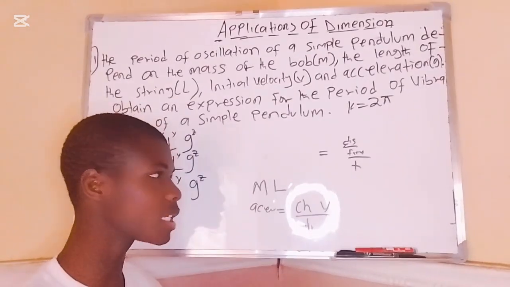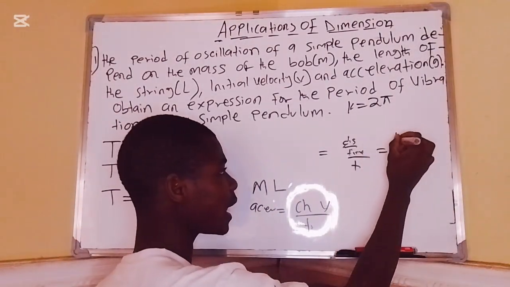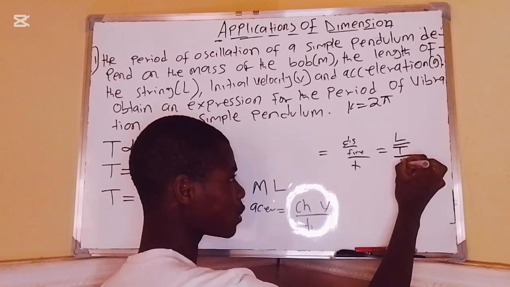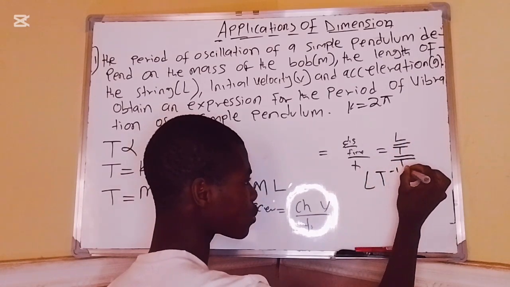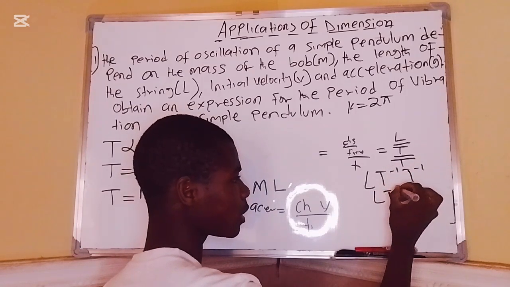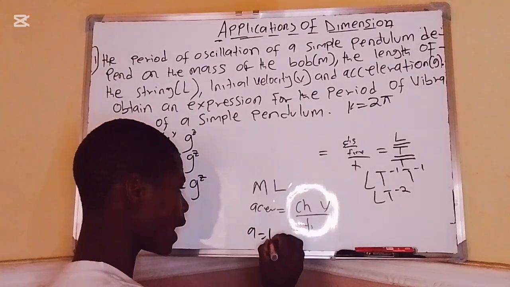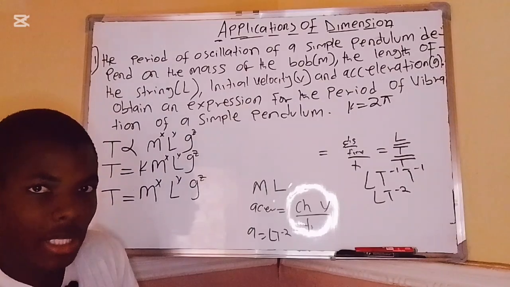So this shall now be equal to displacement, measured in L, and time in dimension is T, so L over T over T. Therefore this is equal to LT to the minus 1, T to the minus 1, which is the same thing as T to the minus 2. So acceleration shall now be LT to the minus 2.